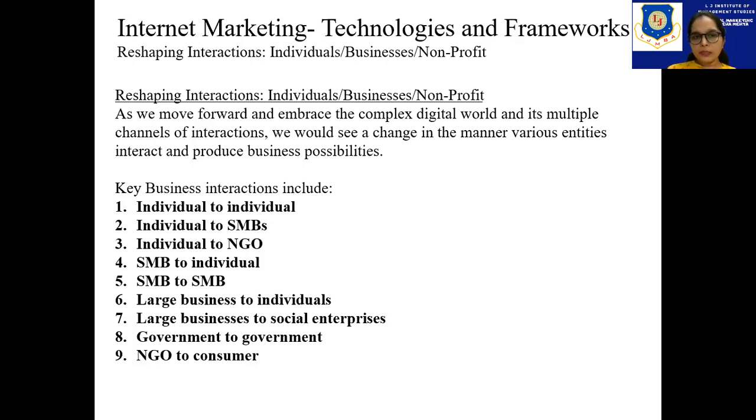Small and medium businesses to similar sort of businesses, large to large businesses. So there are multiple formats: large to government, government to SMEs, government to SMBs, right? Government to NGO. So there are different formats of communication or interaction that happens between different types of businesses in this world.